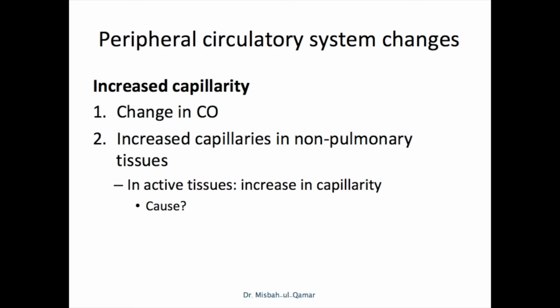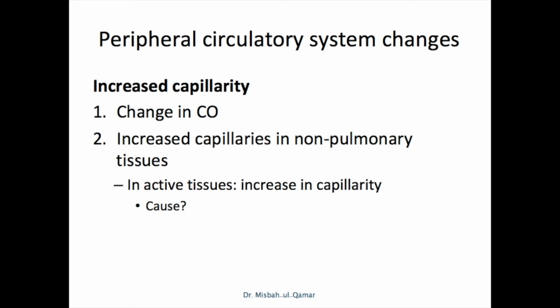Now the changes which take place in the peripheral circulatory system during acclimatization can be summarized as increased tissue capillarity. There is a 30% increase in cardiac output and growth of an increased number of systemic circulatory capillaries in non-pulmonary tissues.